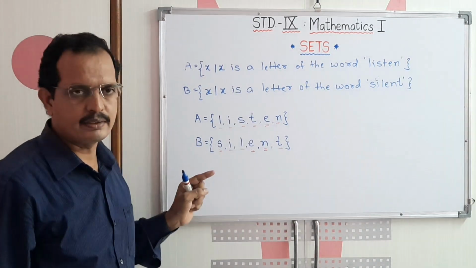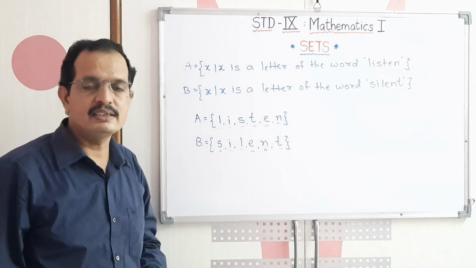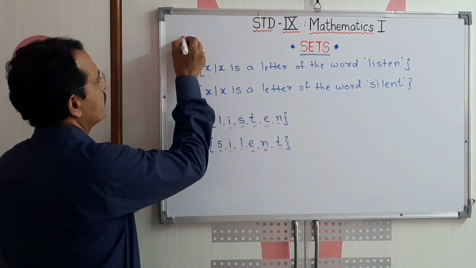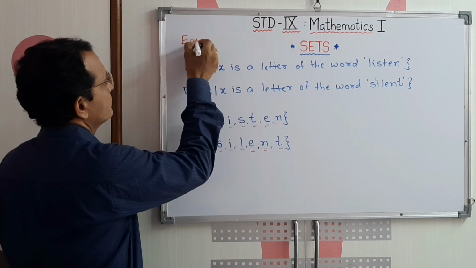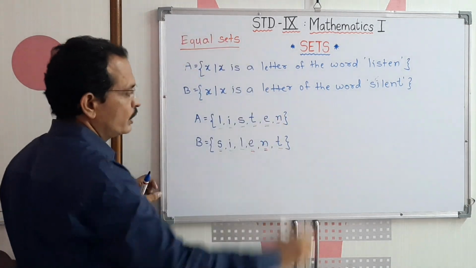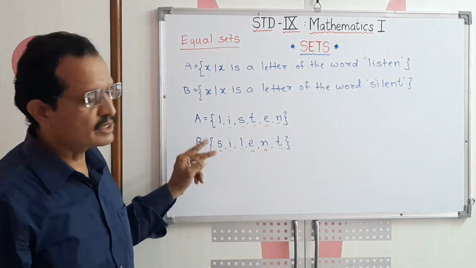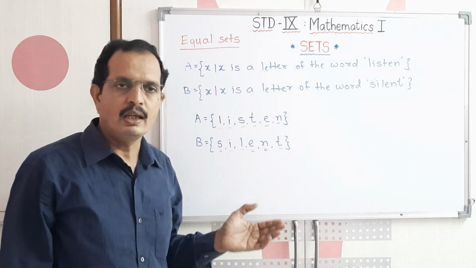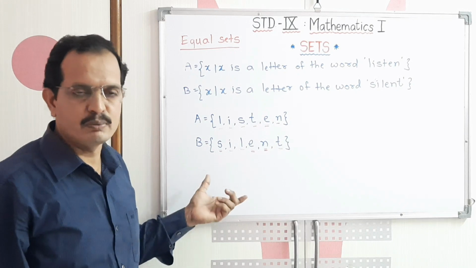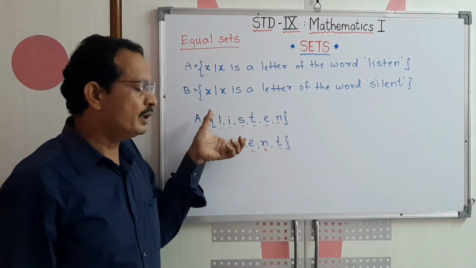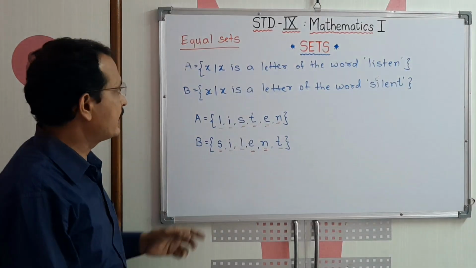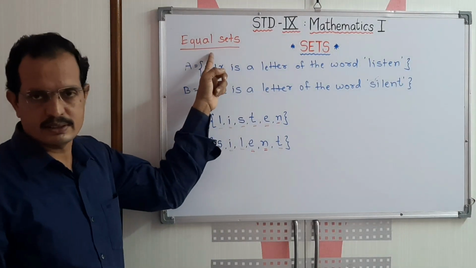That means both the sets consist of exactly the same elements. Such type of sets are called equal sets. Now you understood, if two sets or more sets are given, and if we write them in list method, and after observing the listing method we came to know that the sets consist of exactly the same elements, then those sets are called equal sets.